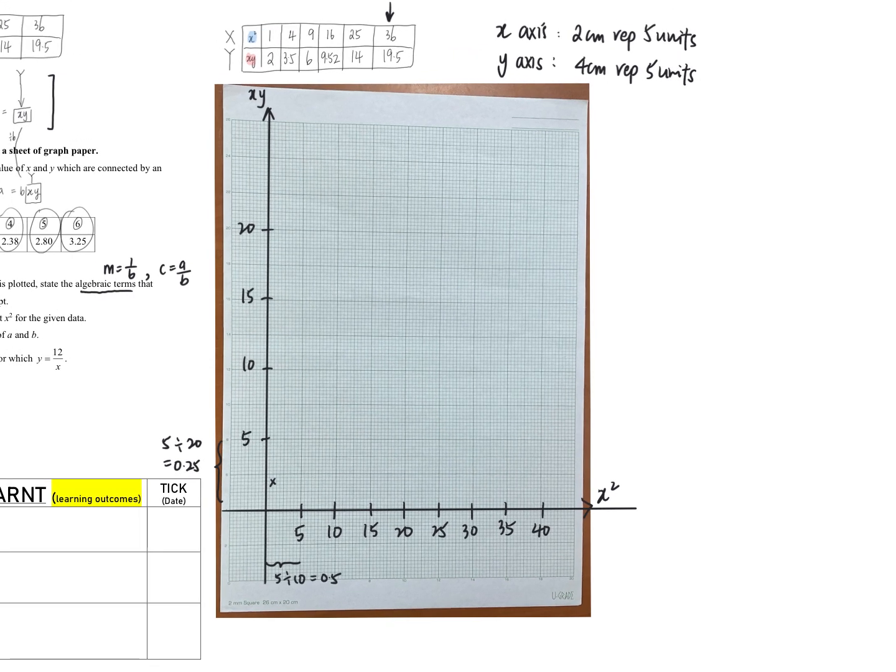So on your own graph paper, you can start plotting your own points. No need to wait for me. 3.5. So 4 boxes is 1. 4, 8, 12.